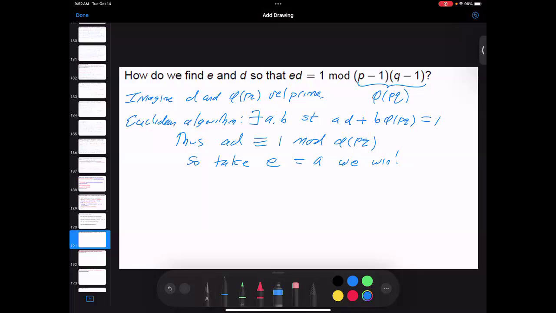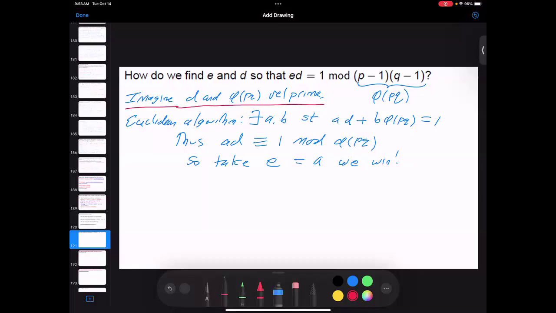Have we found a way to always find e? Is this always going to work? Are there any assumptions? Yeah, we start off by saying that they're relatively prime.